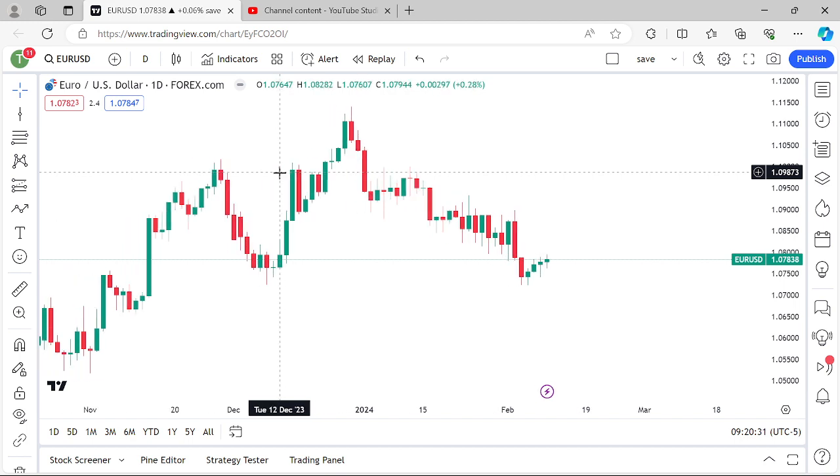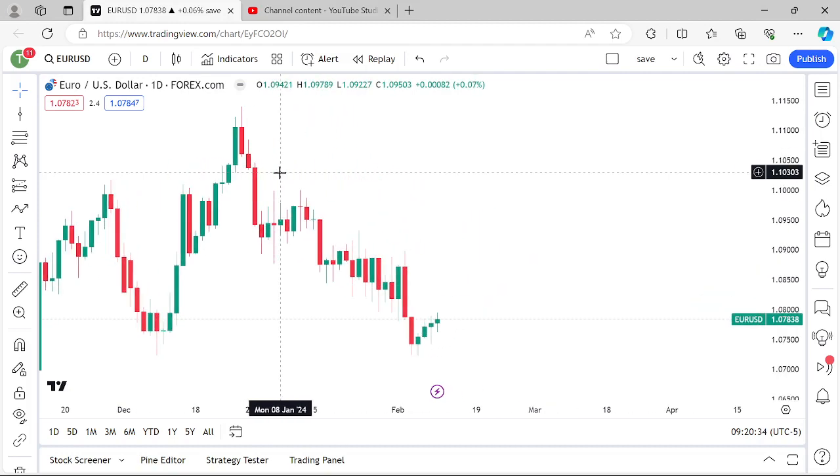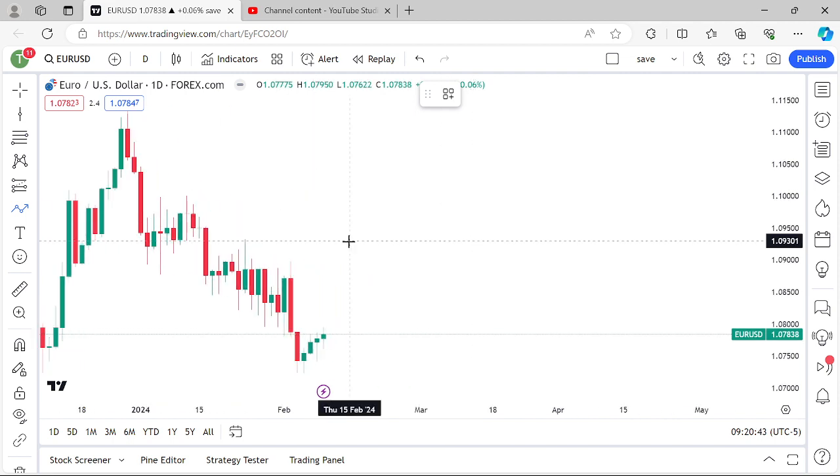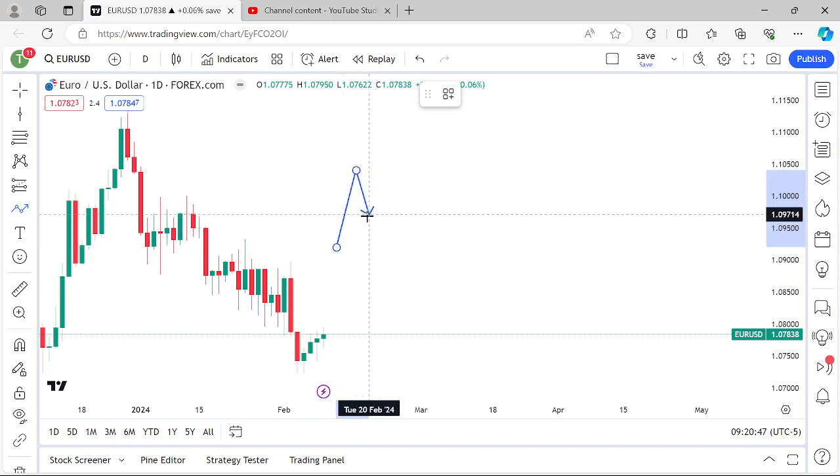And what you also need to understand is resistance when broken becomes support going forward, and support when broken becomes resistance going forward, okay? So for example, let's say we have price ramp up, right? And let's say it puts in this high right here. That's a level of resistance, the absolute high right there. Look at my cursor, the high that we just put in, that's a level of resistance.